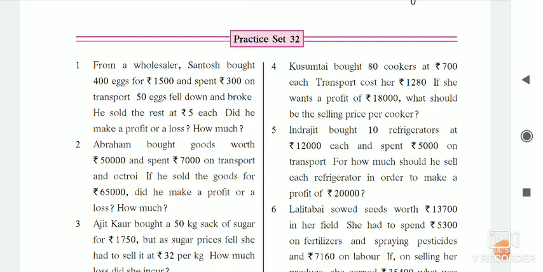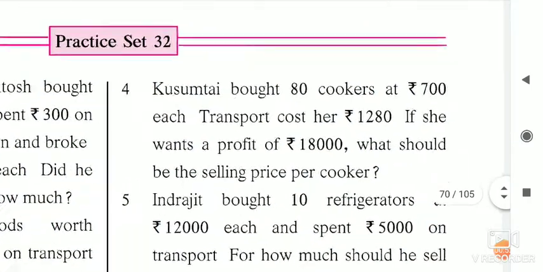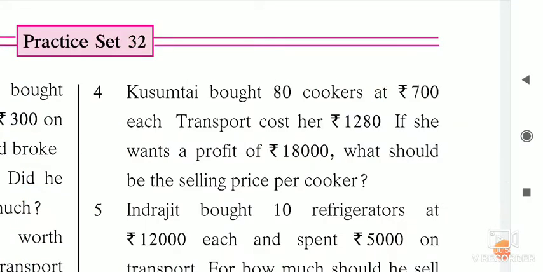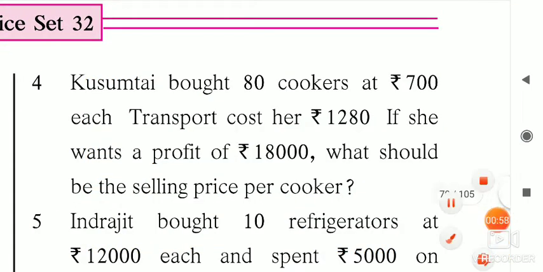Now we will see question number 4. Kusumtai bought 80 cookers for 700 rupees each, means one cooker's cost is 700.